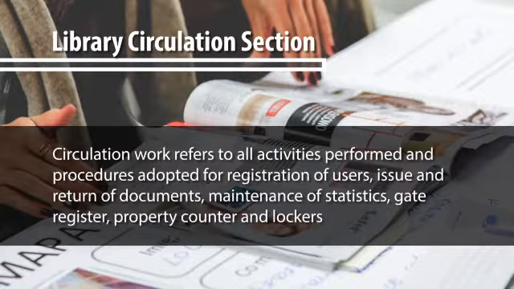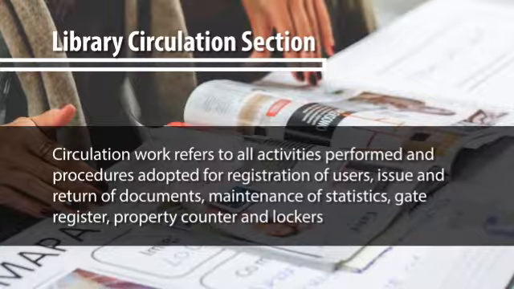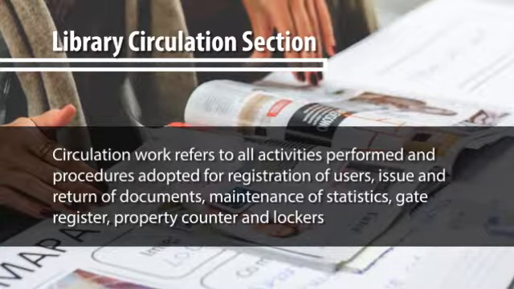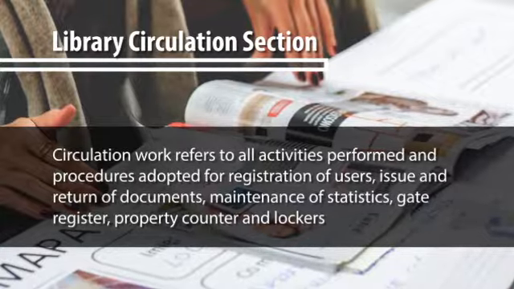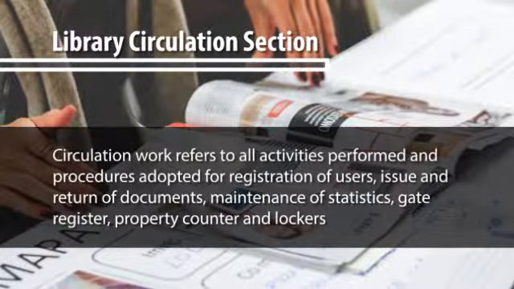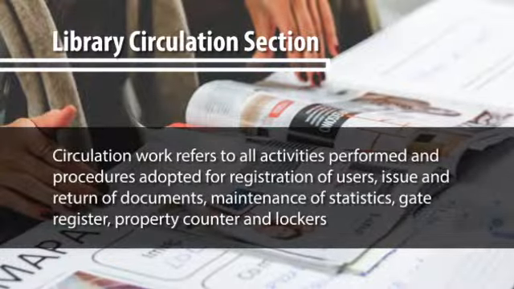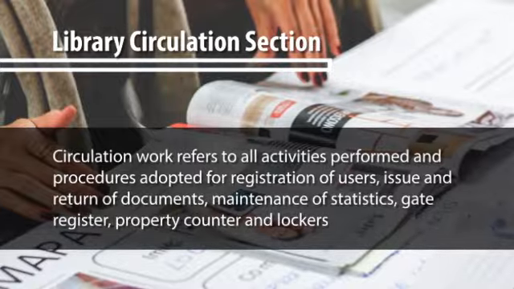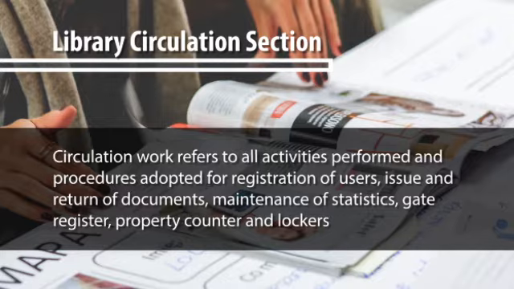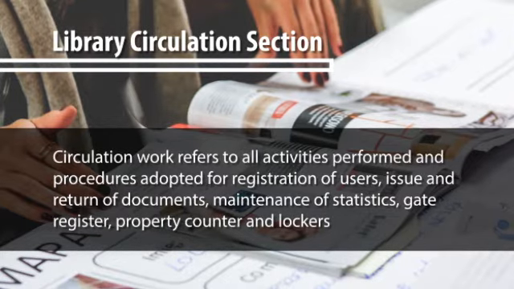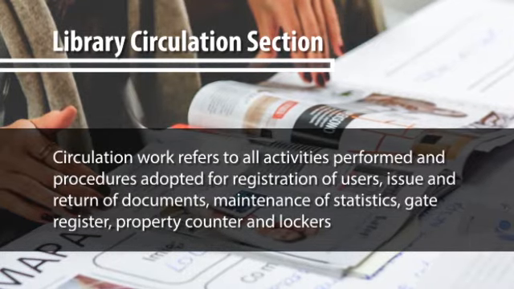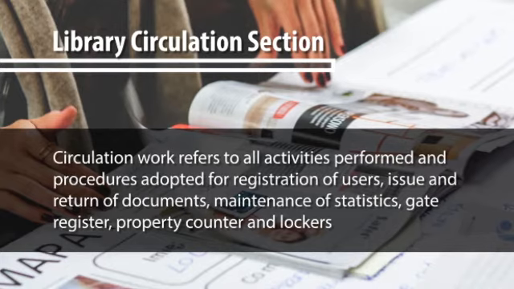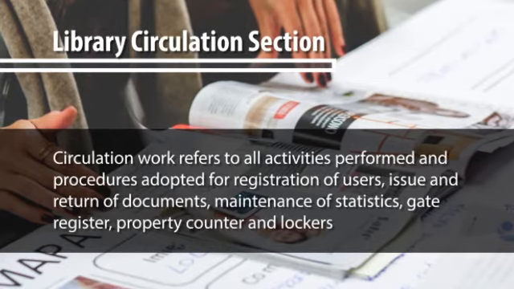Here, circulation work refers to all kinds of activities performed and procedures adopted for the registration of users, where issue and return of the documents are done. The maintenance of statistics is done, that is how much has been issued in a day, in a month, or in a year. Then we have gate registers, to record how many users are coming into the library.